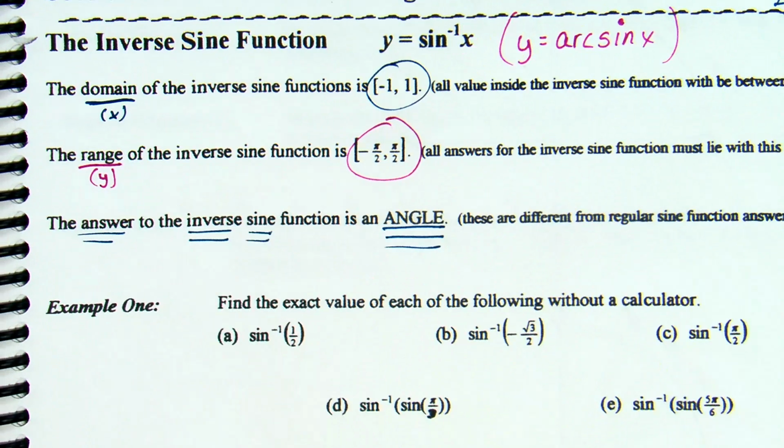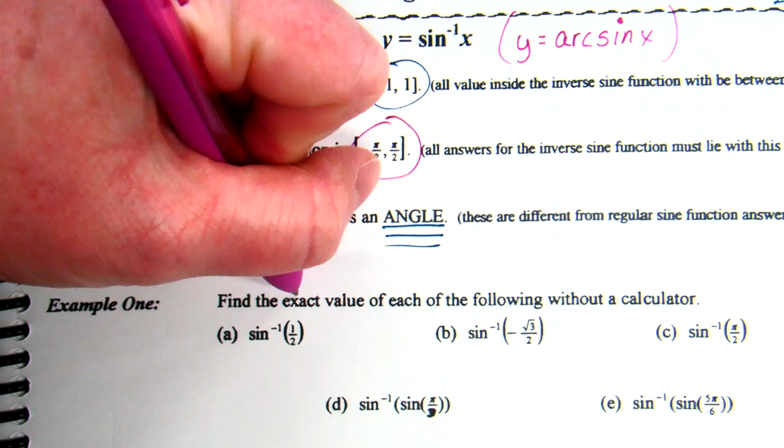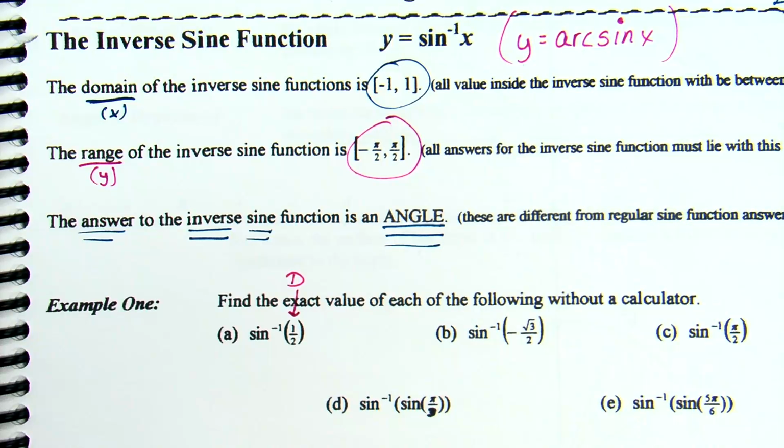First thing that doesn't hurt to check: what's my domain value here? What is the input that they gave us? 1/2. Does that fall in the domain of what is allowed for inverse sine? Yes, because inverse sine is allowed -1 to +1, and 1/2 is obviously in that domain.